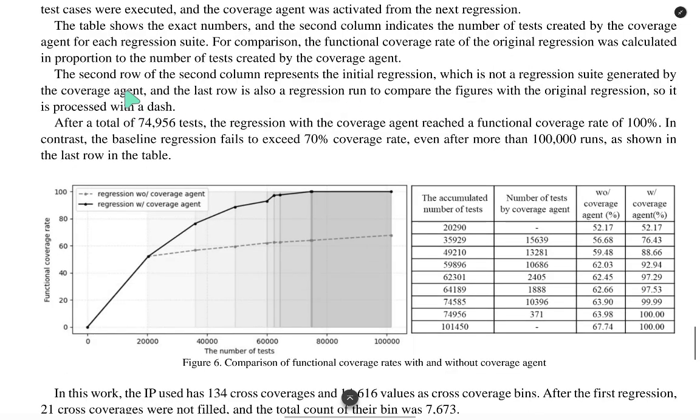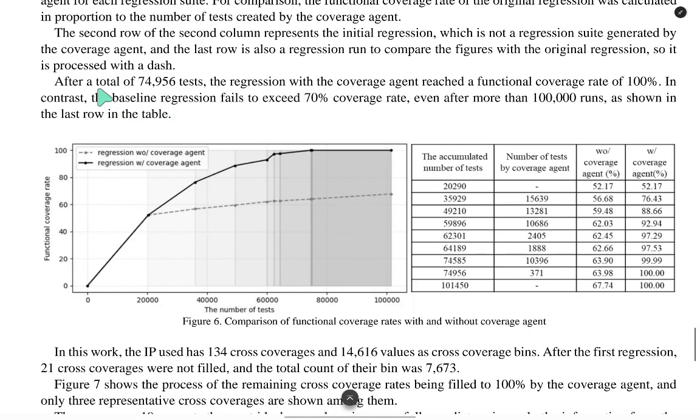The second row of the second column represents the initial regression, which is not a regression suite generated by the coverage agent. And the last row is also a regression run to compare the figures with the original regression, so it is marked with a dash.